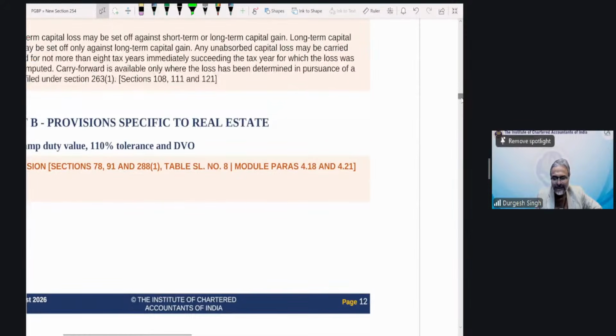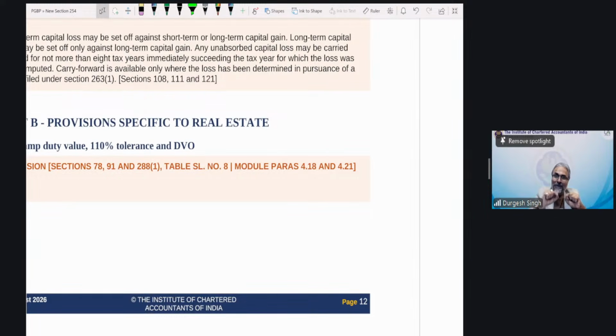Now, students, in the next class, we will be entering into the real estate transaction. You remember there is stamp duty valuation. In the next class, we will do the stamp duty valuation part, and then the exemptions part, and then practical questions. Then the last area will be the partnership assessment.